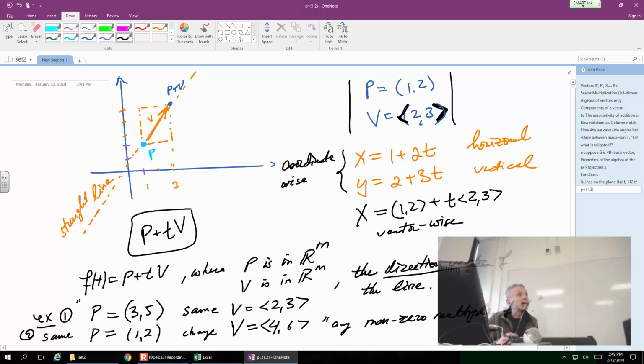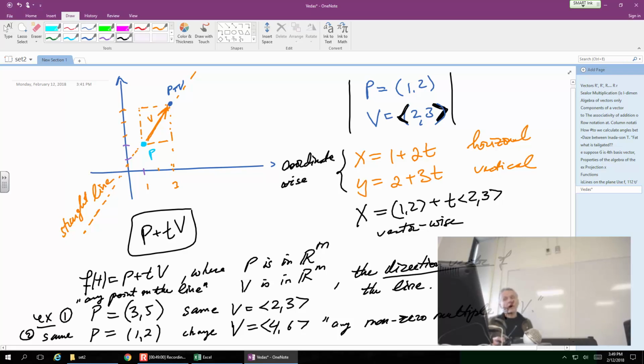In other words, you can start at any point on that road. If velocity follows the road, you can start at any point and you will follow. You won't deviate from the road. So any point on the line.